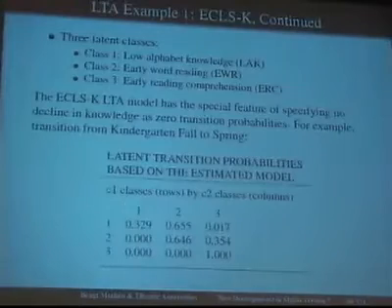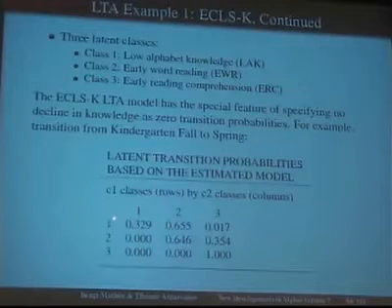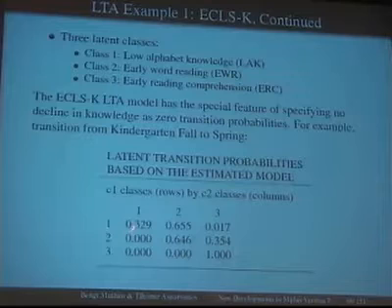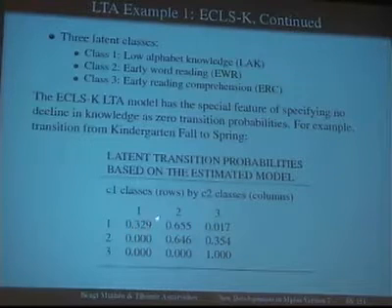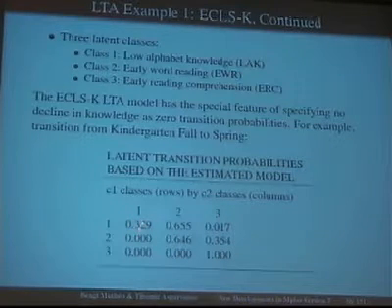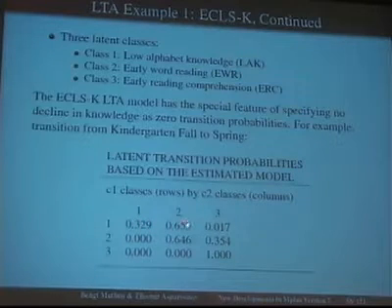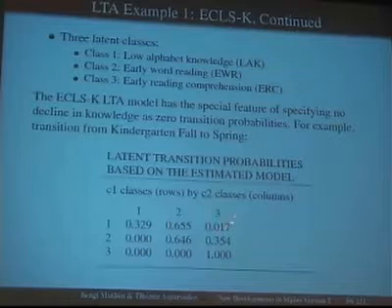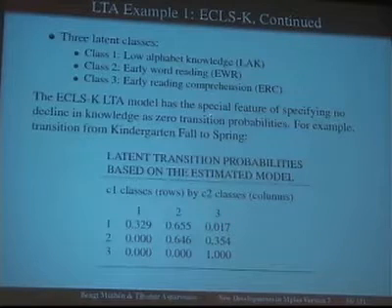So you have a probability of being a low alphabet knowledge person in the first grade and staying in that classification of 33%. 33% don't move away from that low reading status, but 66% move from status 1 into status 2 across these 2 grades. And almost 2% actually move all the way to the highest proficiency.